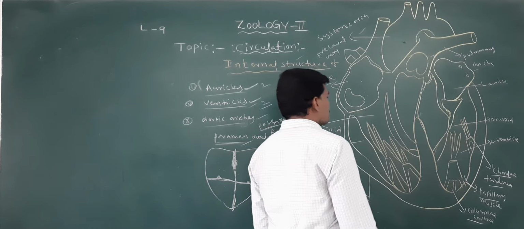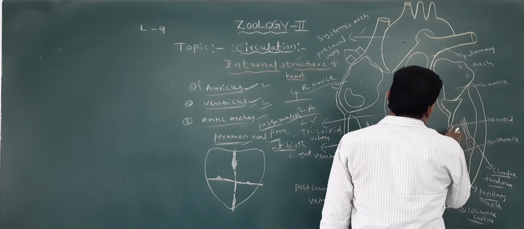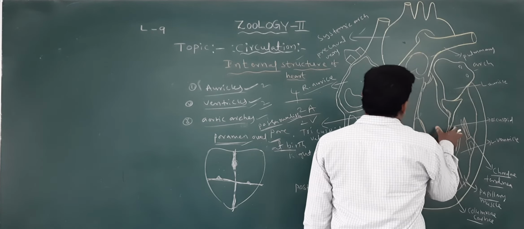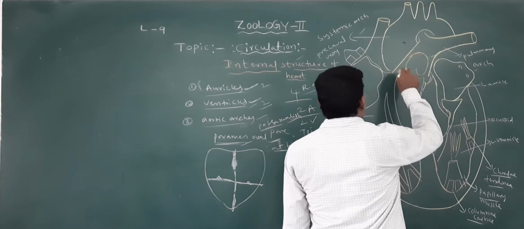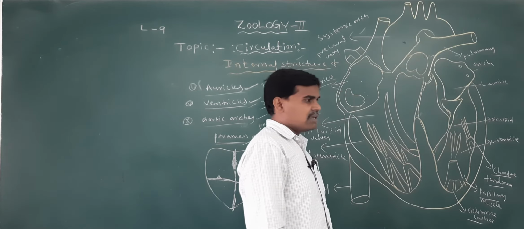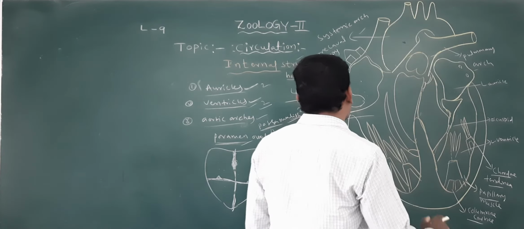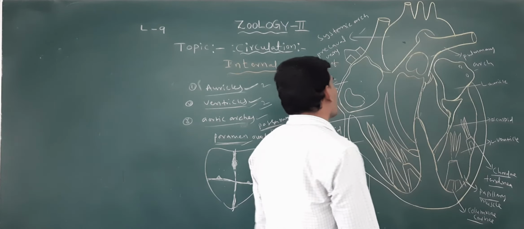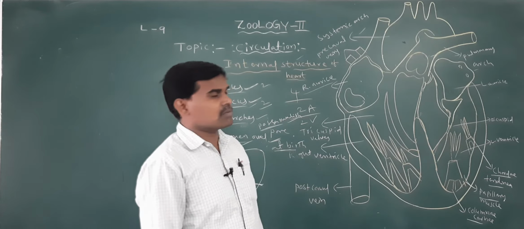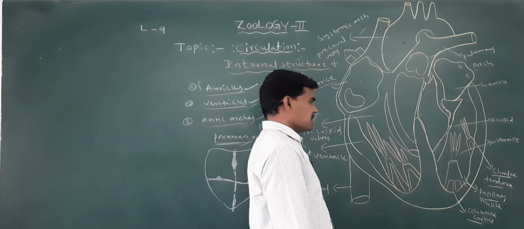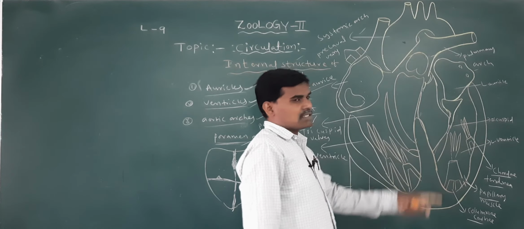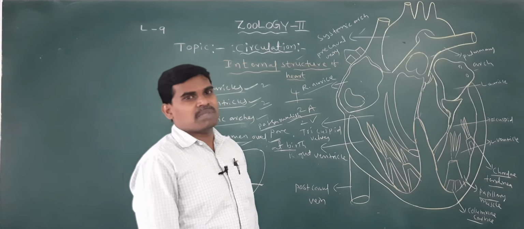Next, the systemic arch collects oxygenated blood from the left ventricle. As soon as it comes out of the heart, it divides into branches, and blood circulates through the systemic arch to different parts of the body.